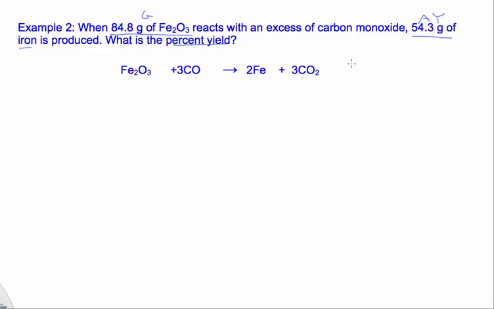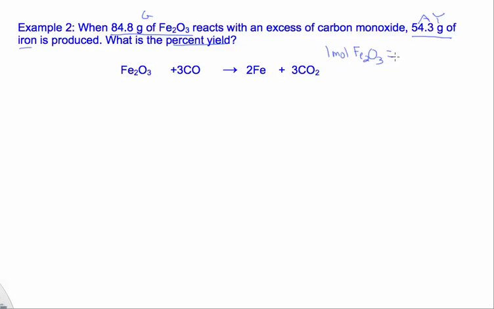Let's write our conversion factors we'll need. We'll need to get the grams of Fe2O3 into moles. So we'll need to know that 1 mole of Fe2O3 equals the molar mass. So 2 irons, and iron is 55.85, and oxygen is 16.